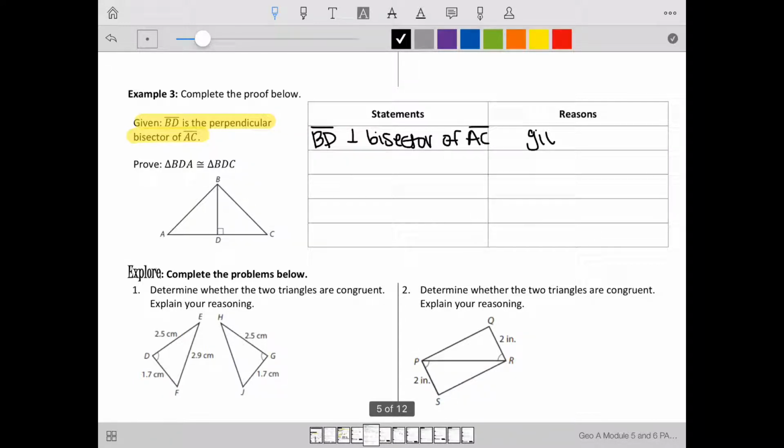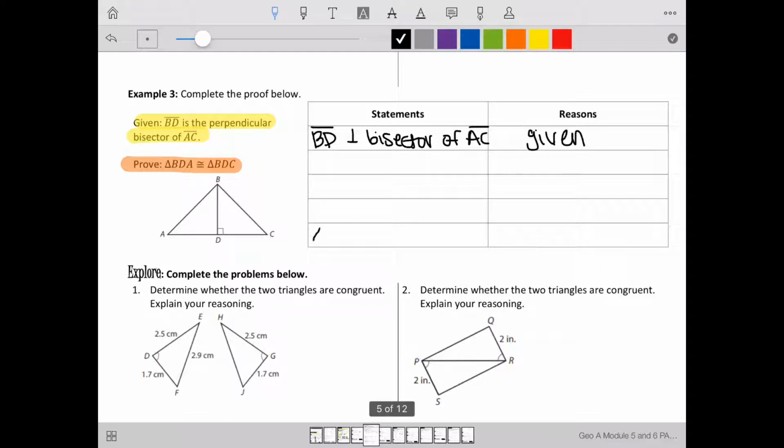That was given to us. Our job is to prove that triangle BDA is congruent to triangle BDC. That's what we're trying to prove.